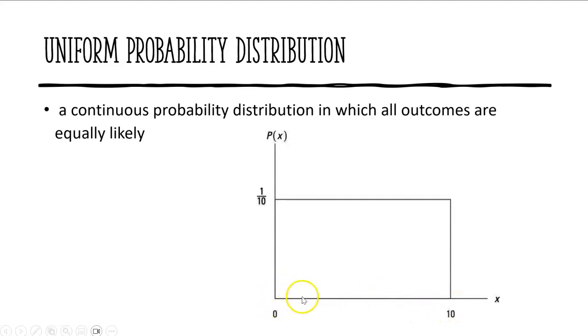And remember, with discrete, it's only the whole numbers in between there, but with continuous, you can have the whole numbers plus any decimals in between those whole numbers. So in this example of this graph of this uniform probability distribution, it ranges from 0 to 10, and the probability of all of these possible outcomes is 1/10. All right, this is an example.